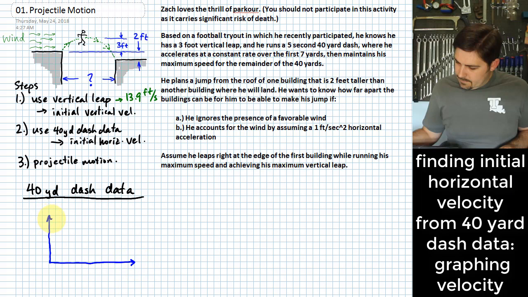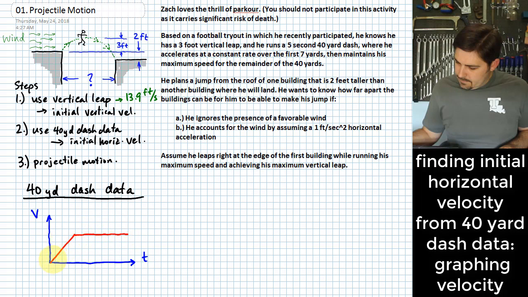So what happens here, this is going to be time, this is going to be velocity. What happens here is that he accelerates at a constant rate. If you're accelerating at a constant rate, then that's a constant, or straight line, increase of velocity. Okay?